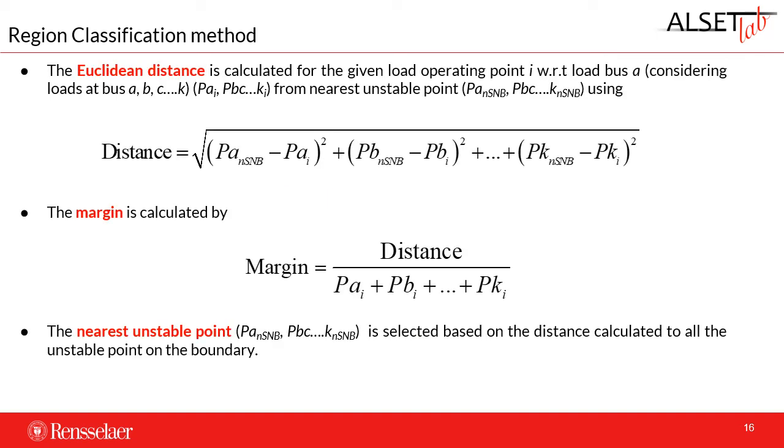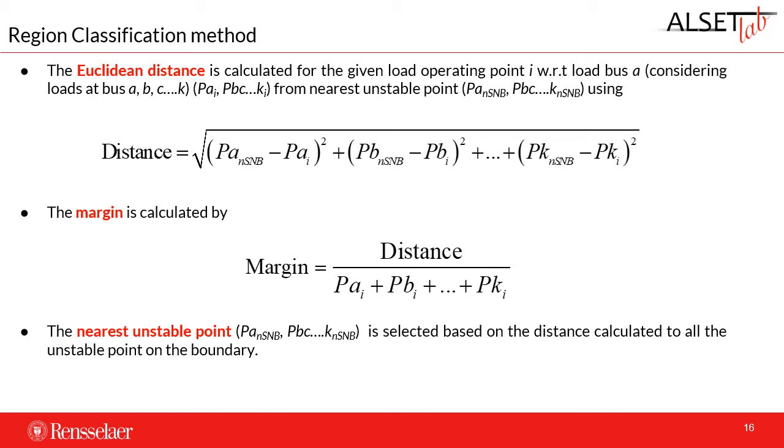Now, we need to measure, with respect to the current operating point, how far you are from that boundary. So we take the Euclidean distance for every operating point with respect to the bus that you're considering, and we calculate this with respect to the boundary that we found.